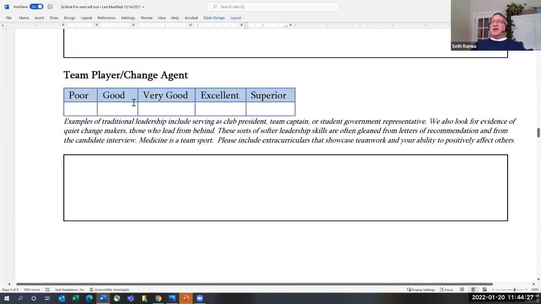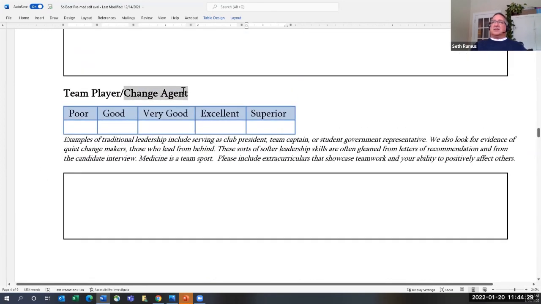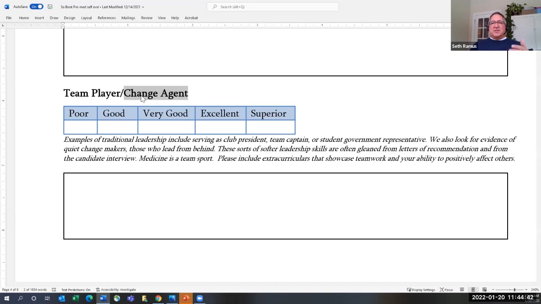Leadership is very important to some schools. And I mentioned Vanderbilt. Sinai, in all of their application materials, uses this phrase change agent. They believe that the responsibility of somebody, the privilege of a physician, is to institute change, to use their bully pulpit to make a difference.